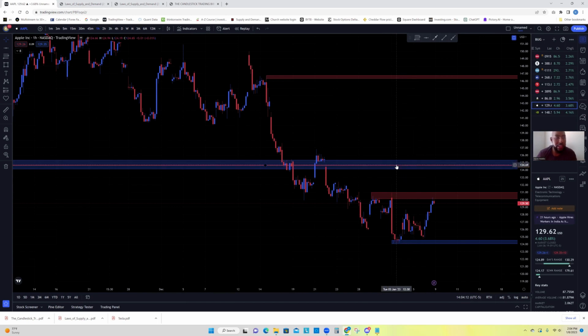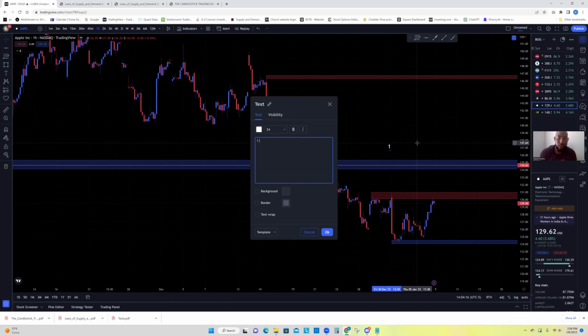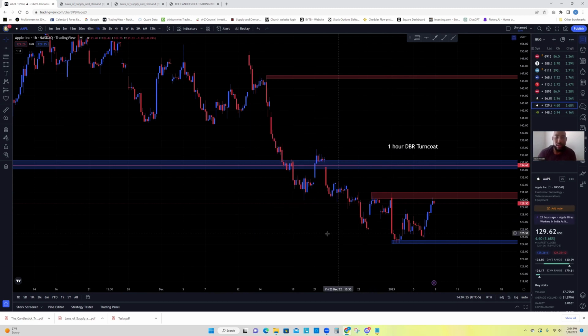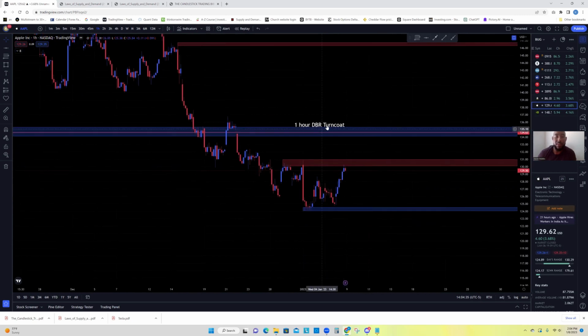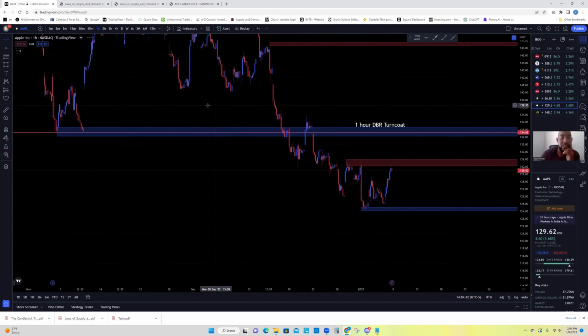This is how I would write this up: 1 hour, drop base rally, then we would put turncoat. This means that this area was once a demand zone that has now turned into a supply. Does that make sense to everybody? Yeah, that makes sense. All right, so this is how we typically draw the area.